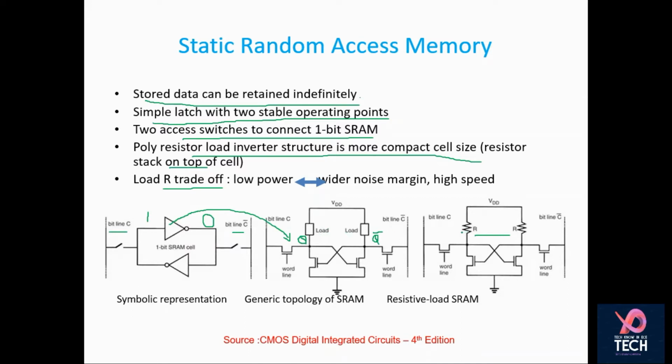The same thing can also be implemented with the help of a resistor, but again when you use the resistance, you have the problem of low power, wider noise margin and high speed. So these things need to be considered. These are the 3 different kinds of representation. This is the symbolic representation of SRAM, this is the generic topology for SRAM, and this is the resistive load SRAM.